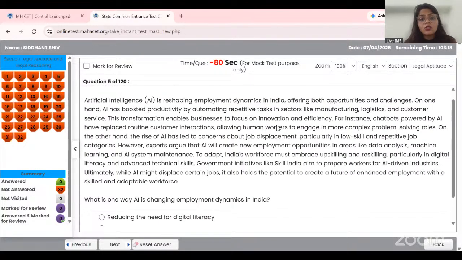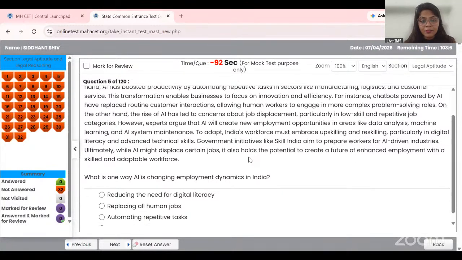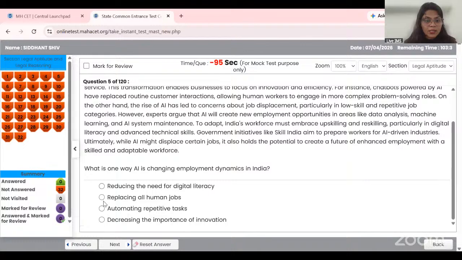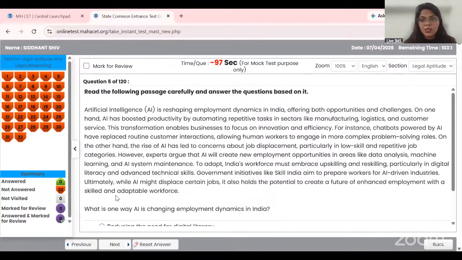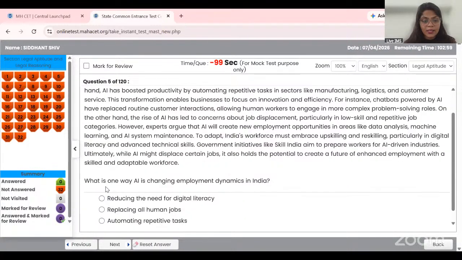So when we talk about changing employment dynamics, when we try to understand, it is talking about AI has boosted productivity by automating repetitive tasks, right? So we know that this is going to be our answer here.